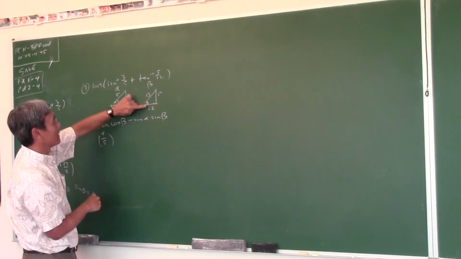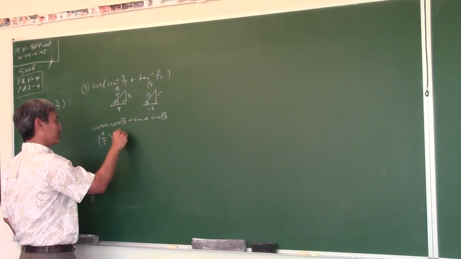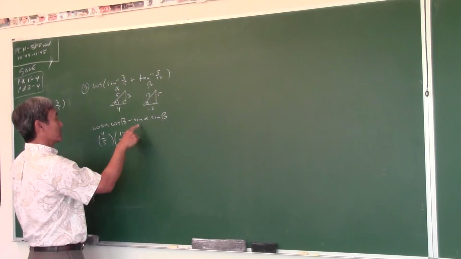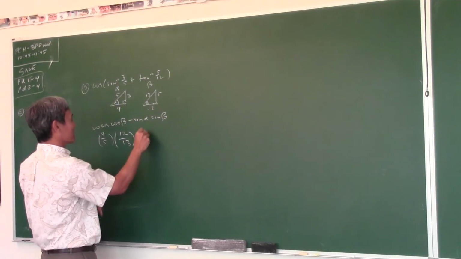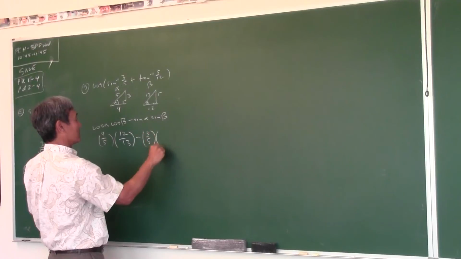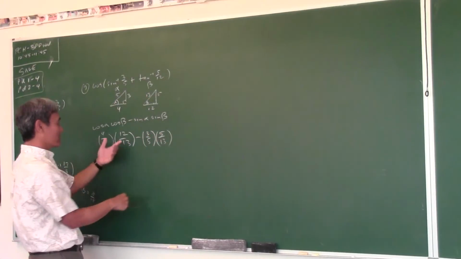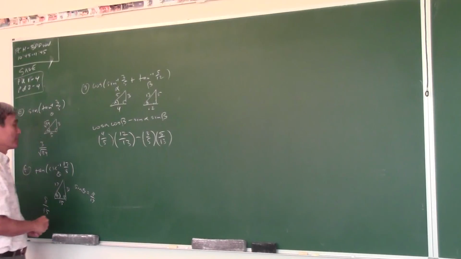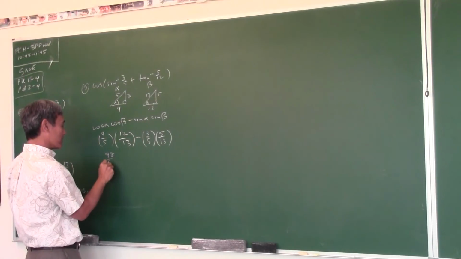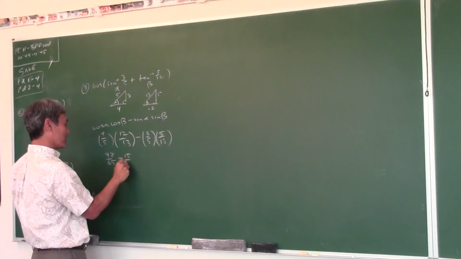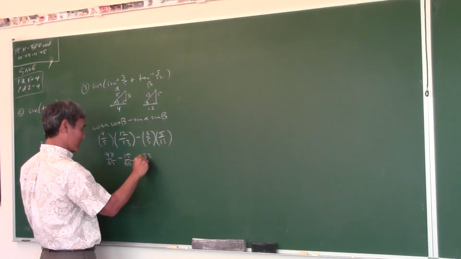Cosine of beta, adjacent over hypotenuse. Sine of alpha, opposite over hypotenuse. Sine of beta, opposite over hypotenuse. And right there, you just got yourself 4 out of 5 points. And then simplify it. 48 over 65 minus 15 over 65. That's 33 over 65.